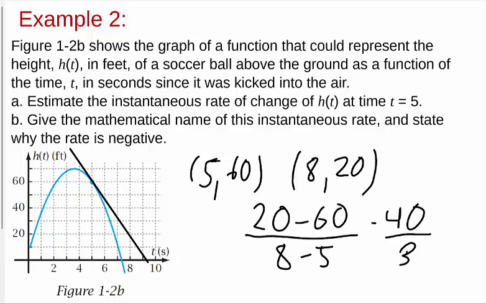So it's about negative 40 over 3. So that is our slope of this line, negative 40 over 3. So that would be about the instantaneous rate of change at that time. About negative 40 over 3.